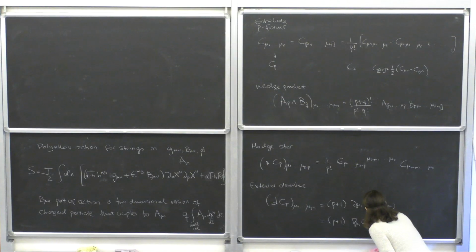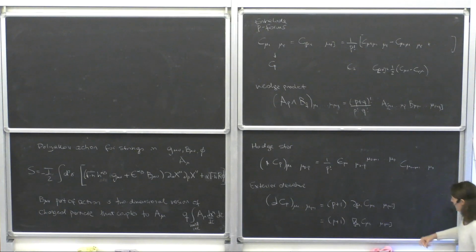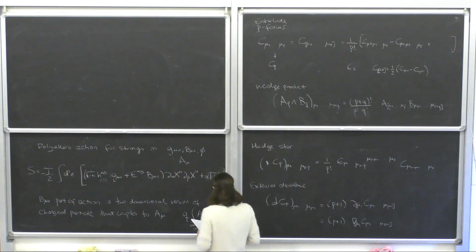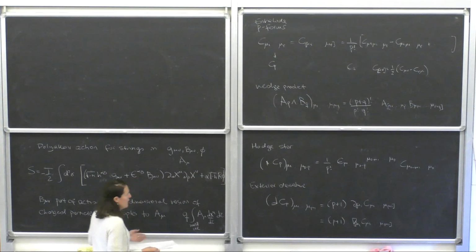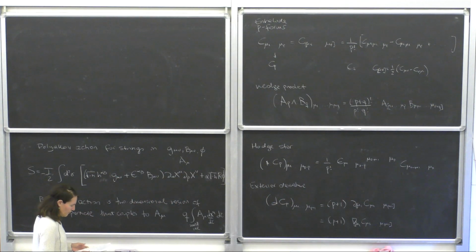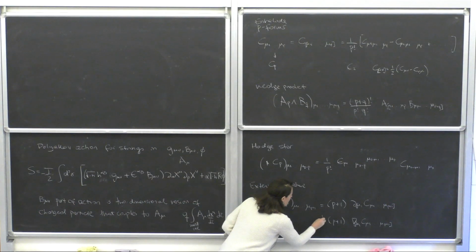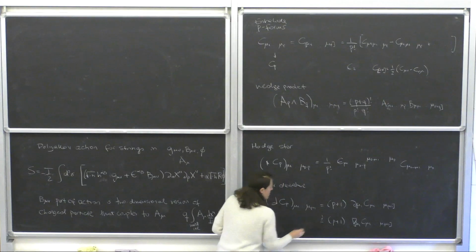You need to add these Christoffel symbols, but if you are antisymmetrizing the partial derivative, then it does transform as a tensor. So this is a p plus 1 tensor that transforms as it should.